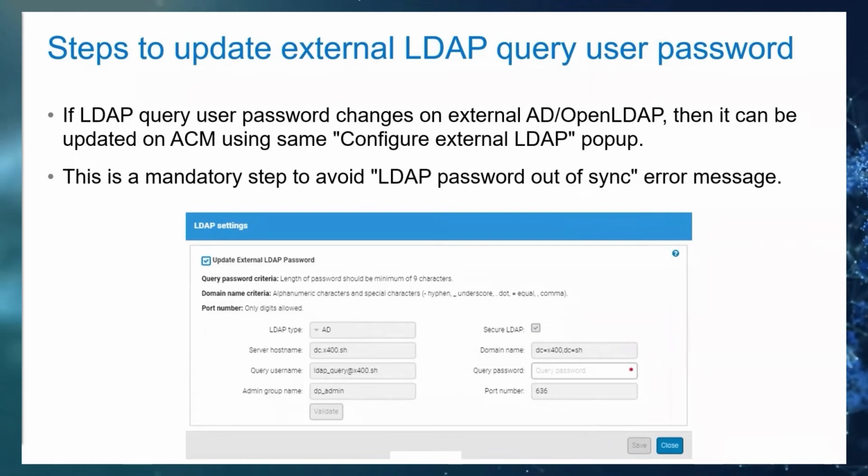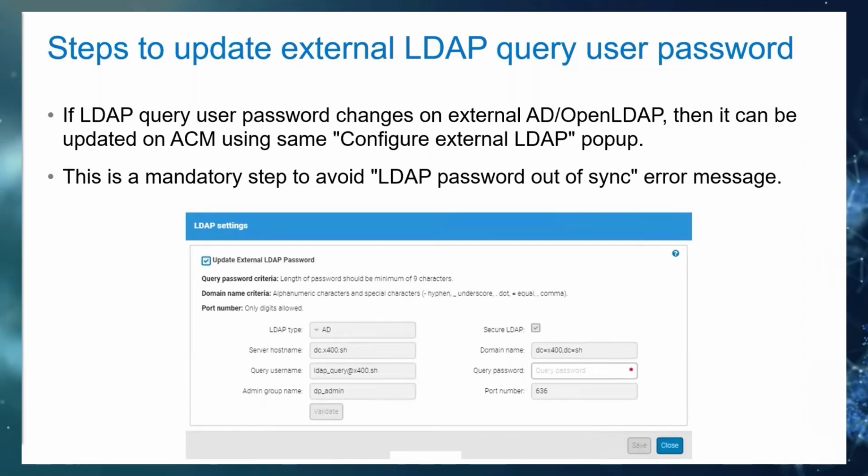The basic functionality of ACM while it's monitoring the components is that every few minutes, it will test an LDAP login using these credentials and details to each of the components. Why does it do so? It wants to ensure that the LDAP configuration is working and whether the LDAP query password stored on ACM for this user and the other components is actually in sync. It has not changed, and that's what it verifies.